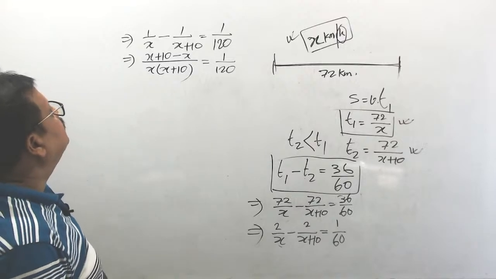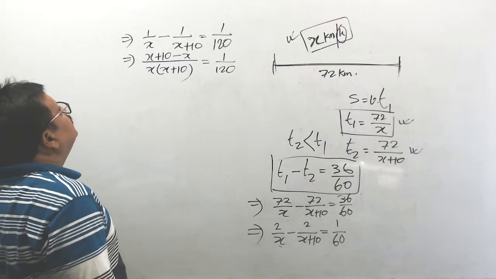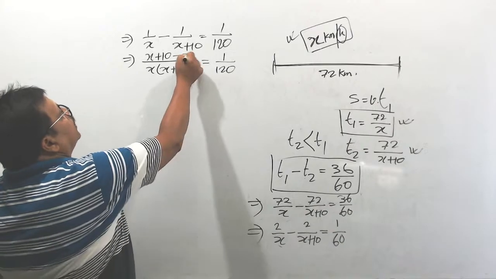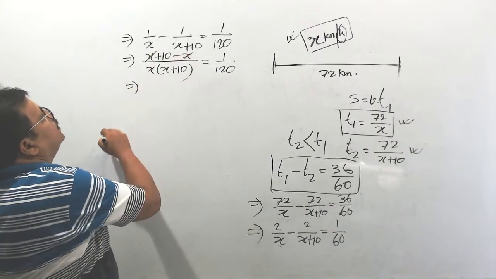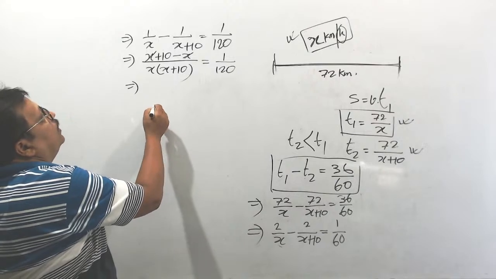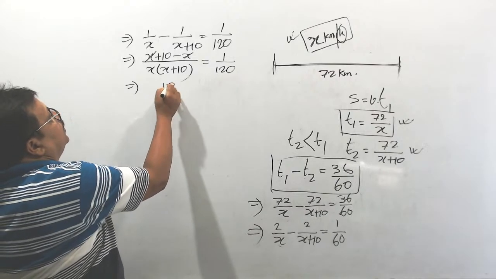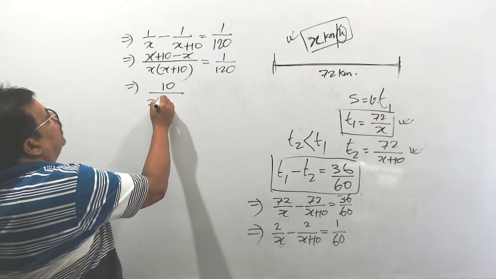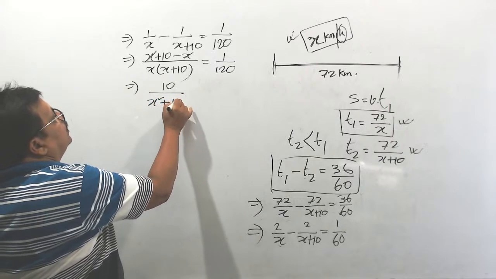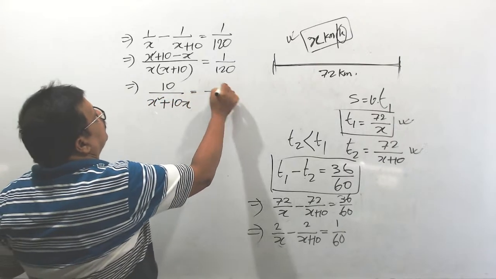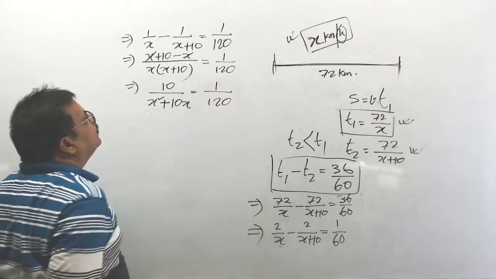The x cancels, so 10 by x square plus 10x equals 1 by 120.